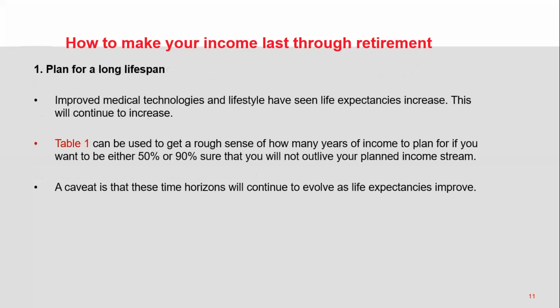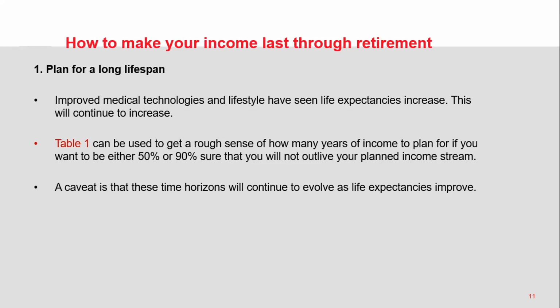So, plan for a long lifespan. As you know, with improvements to our medical industry come improvements to treating illnesses and diseases that previously increased our mortality rate. This means that we have more individuals living much longer lives, and our life expectancies are increasing.